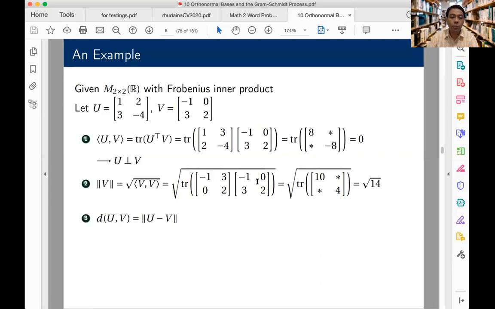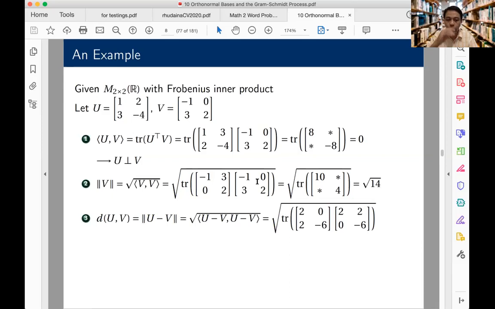What is the distance between U and V? What is the distance between 2 matrices? Okay, so how do we do that? We get the norm of U minus V. So that is the square root of the trace of U minus V transpose times U minus V. So this is U minus V. And then this is also U minus V, where the one on the left is the transpose.